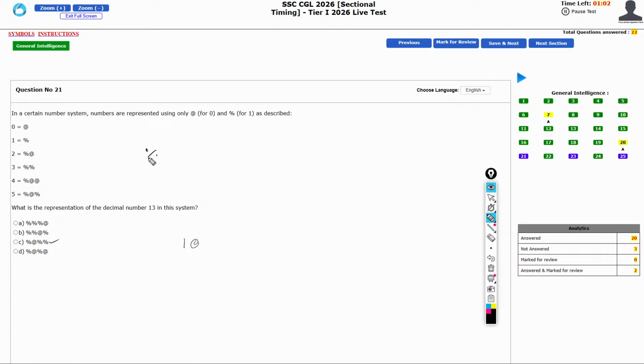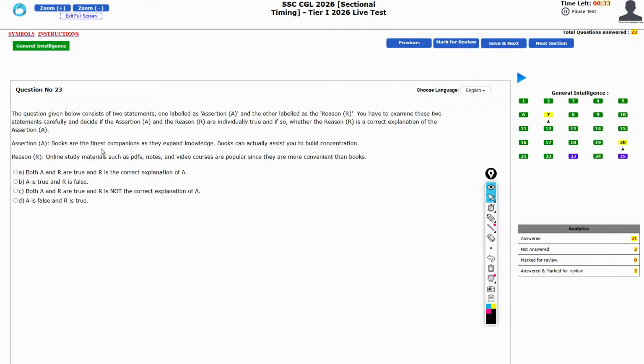So definitely percent and percent. If I have to give anything, I will go with this.